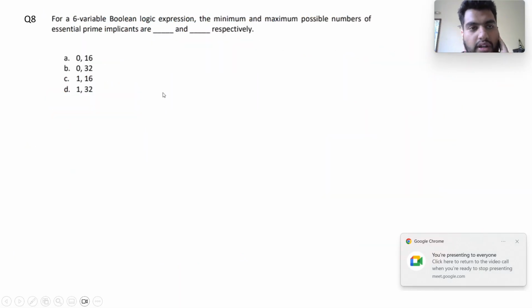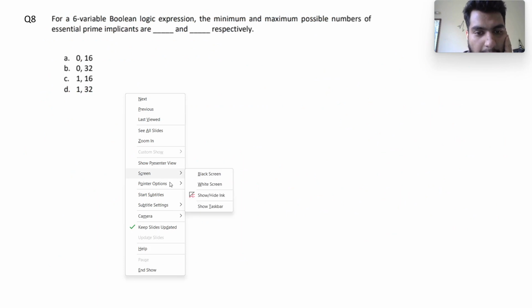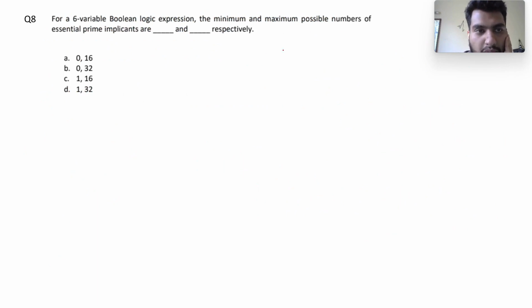Question number 8: for a 6 variable boolean logic function, what are the minimum number and maximum number of essential prime implicants? The minimum number means there will be no essential prime implicant, so EPI is 0, which means all the terms are covered by more than one prime implicant. And the maximum possible number is given by 2 to the power n minus 1.